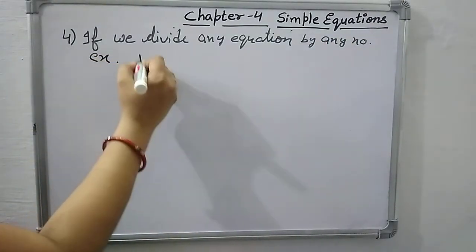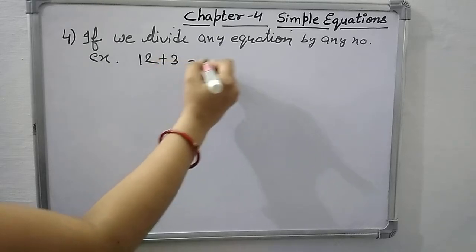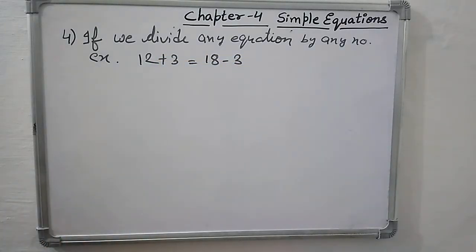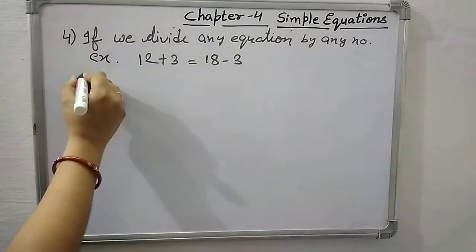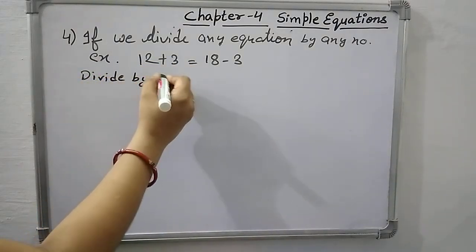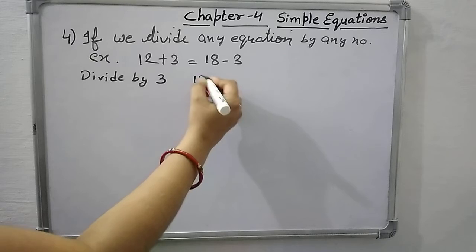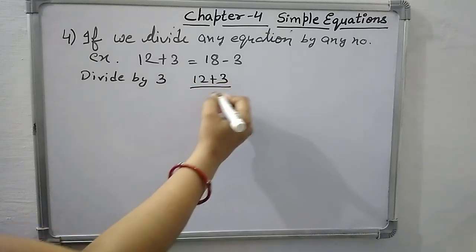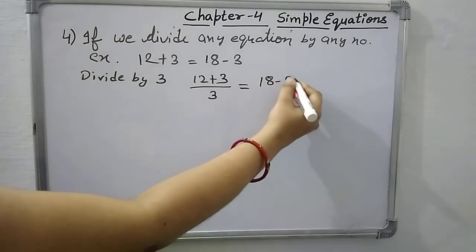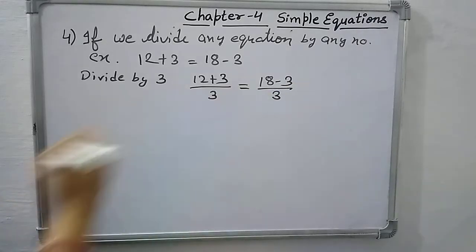So for example, 12 plus 3 equal to 18 minus 3. Now divide by 3. You will get the equation as 12 plus 3 divided by 3 equal to 18 minus 3 divided by 3.